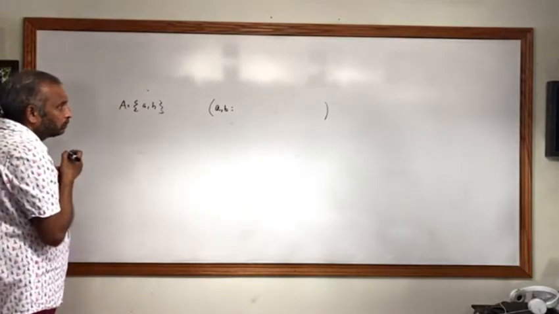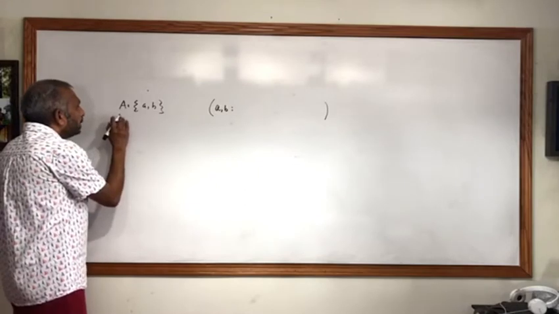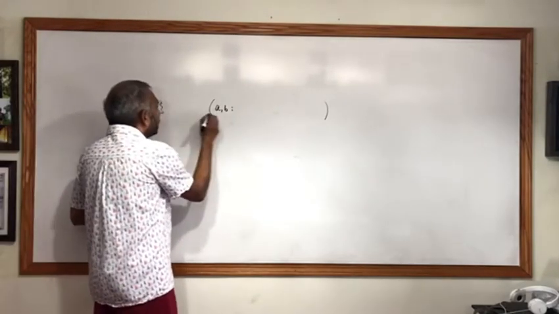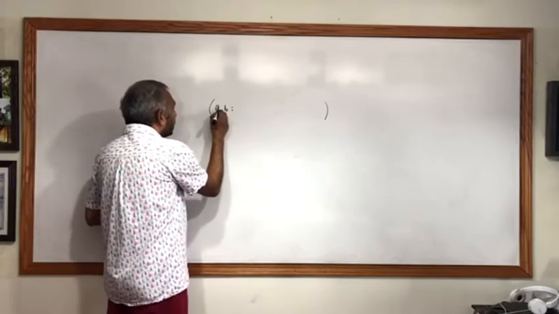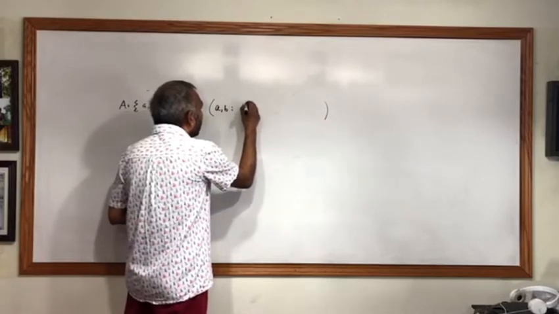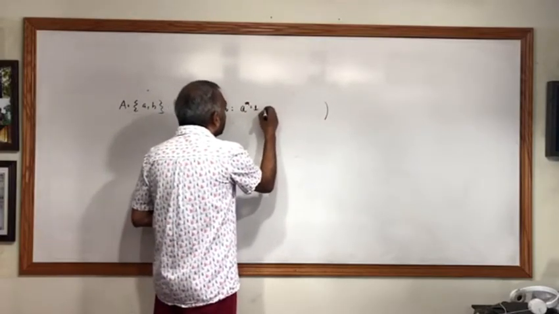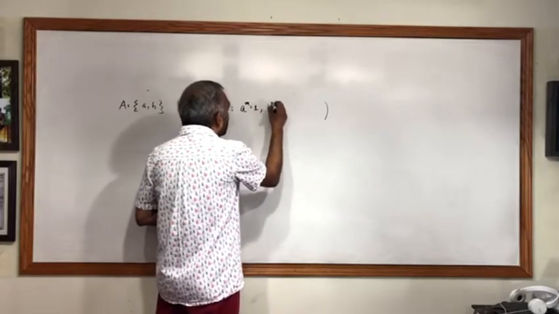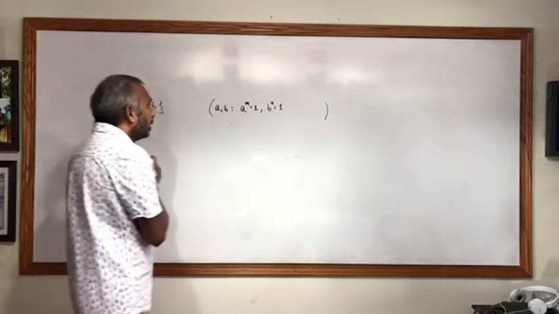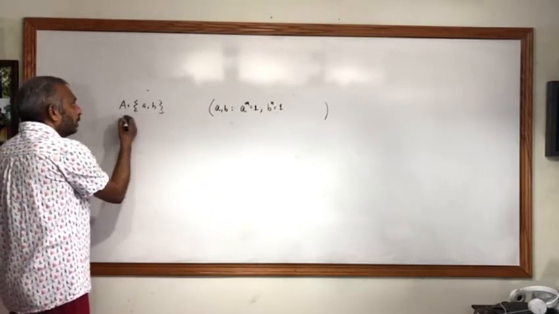Then if you want to make the group finite, the exponent, we should find some m such that a^m = 1 and b^n = 1. If this is true, then only it will become a finite group.